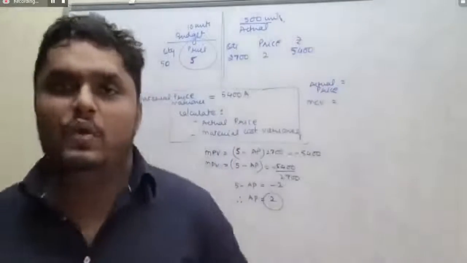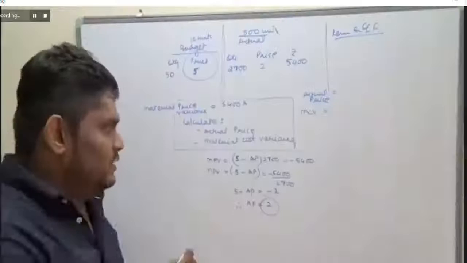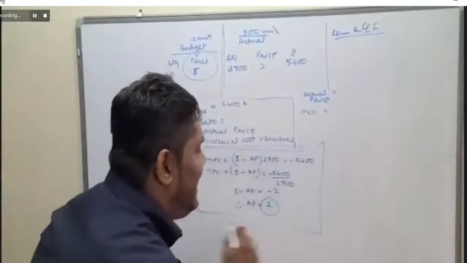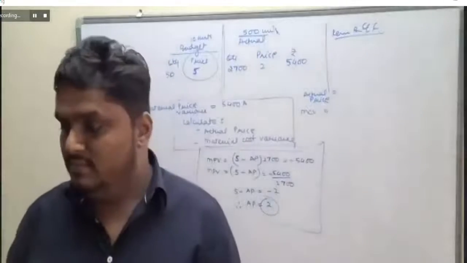So once you are able to get the actual price, it's very simple. Again, the question will be like the material cost variance. So this is the way you have to calculate the actual price, guys.